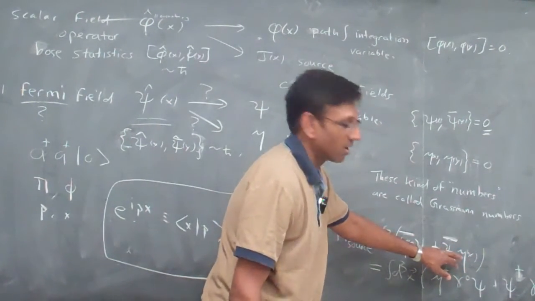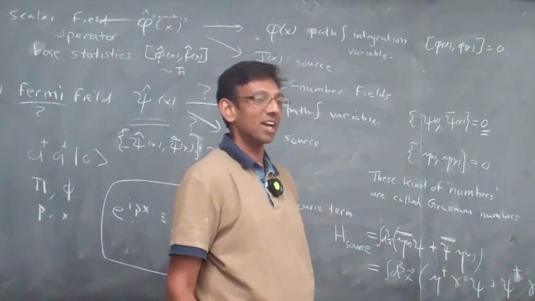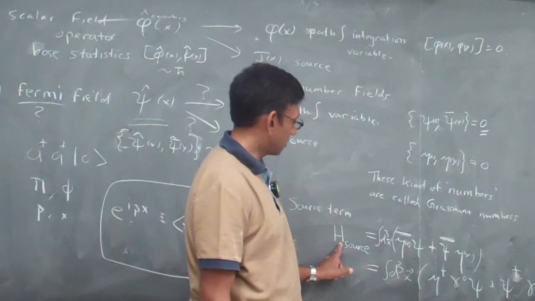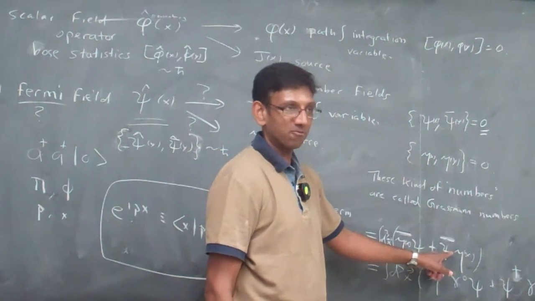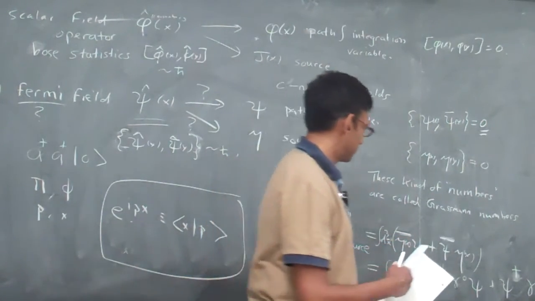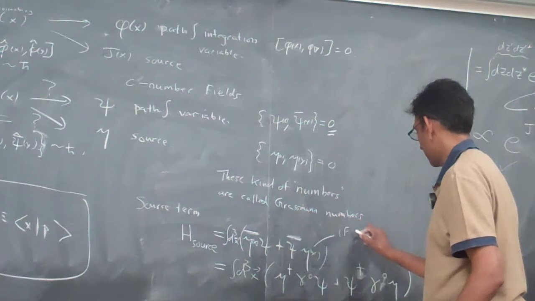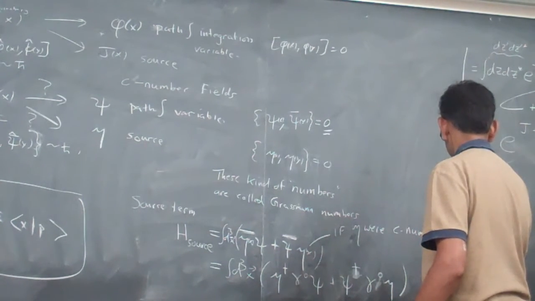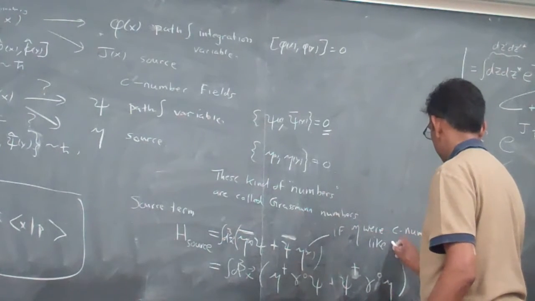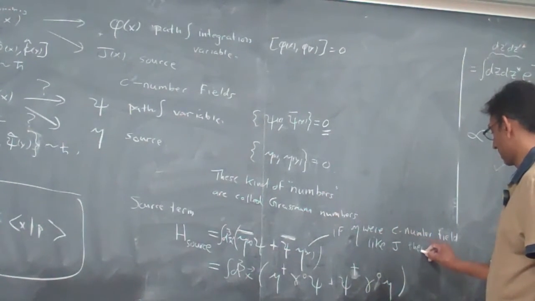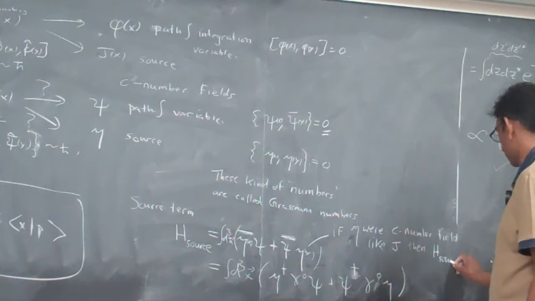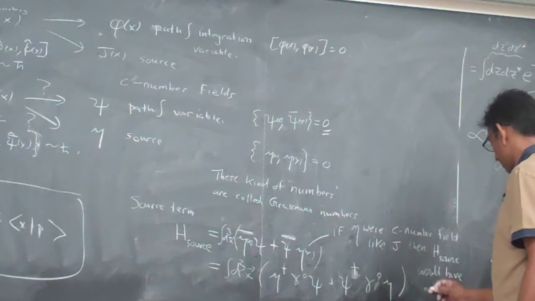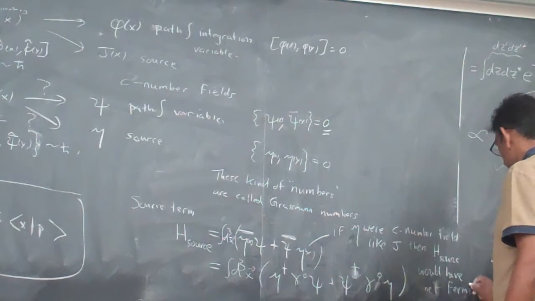The thing that would be odd is if this was just like J. If eta was like J, just a regular C number kind of field, then this H source would have net Fermi statistics.